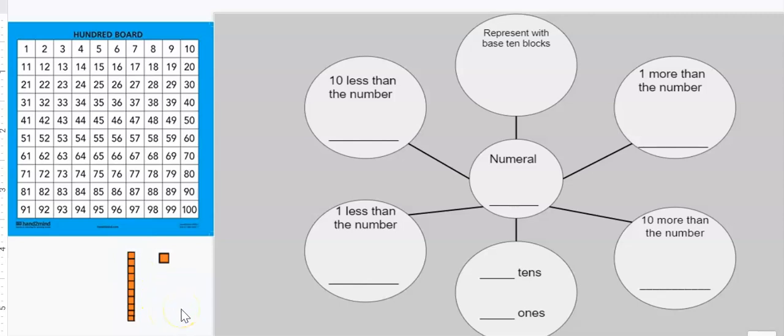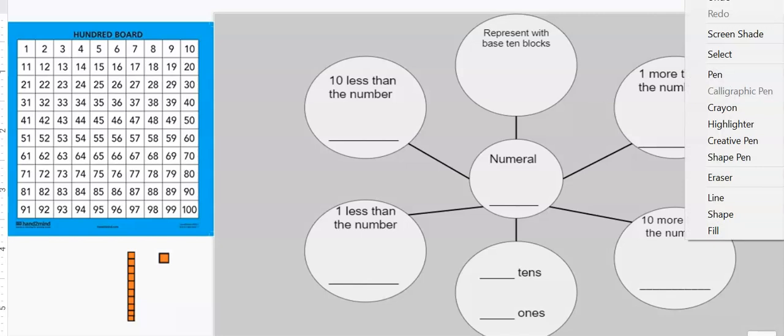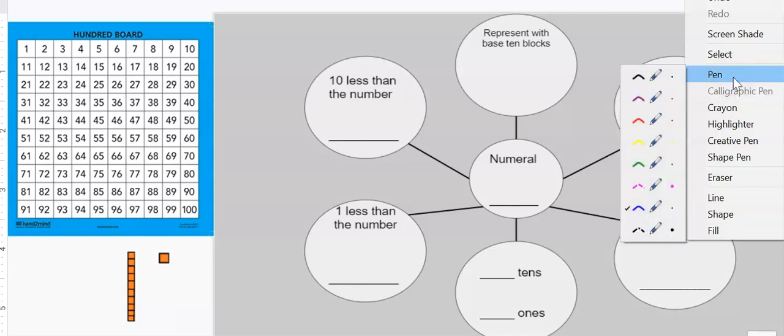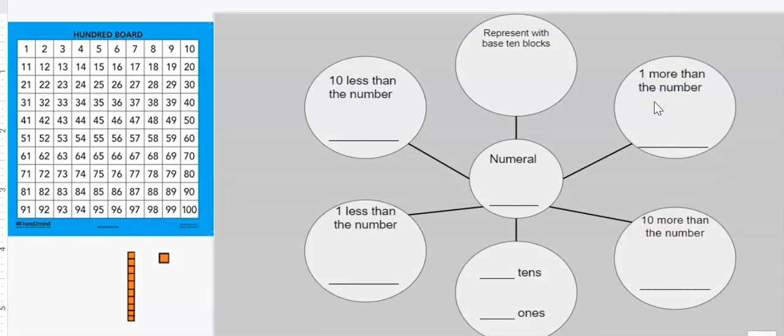Okay, so we're going to get ready, and I'm going to get my pen ready. And we are going to write some numbers. And can you tell me what this number is? That's correct. That is 15.